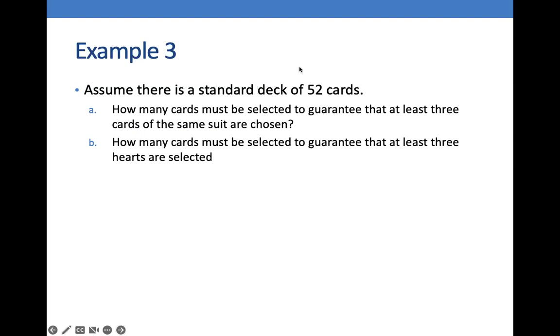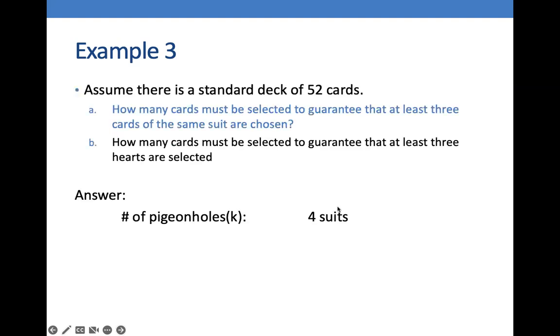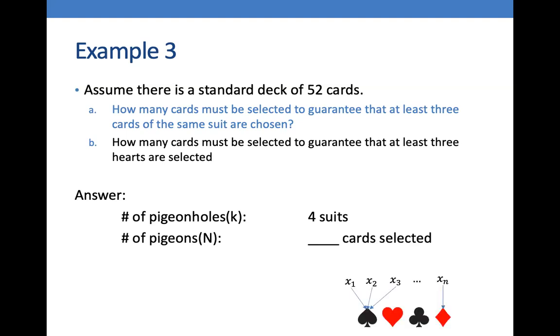Assume that there is a standard deck of 52 cards. How many cards must be selected to guarantee that at least 3 cards of the same suit are chosen? So essentially, we must find the pigeonholes as well as the pigeons. So the pigeonholes will be the suits, and the 4 suits are the spades, hearts, clubs, as well as the diamonds.